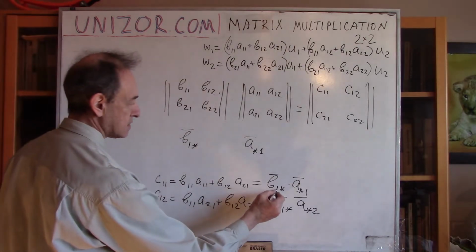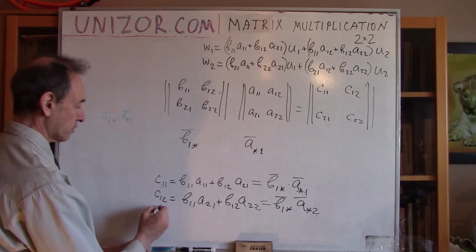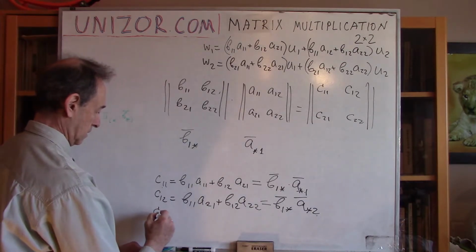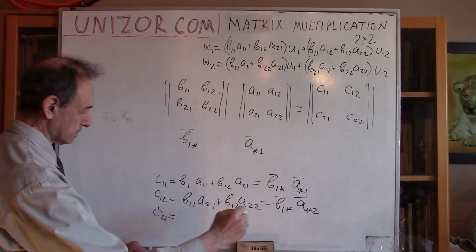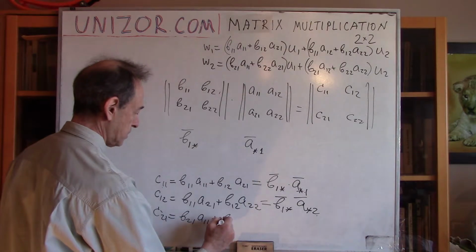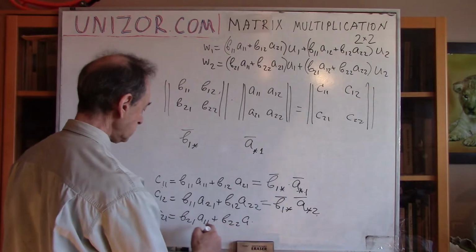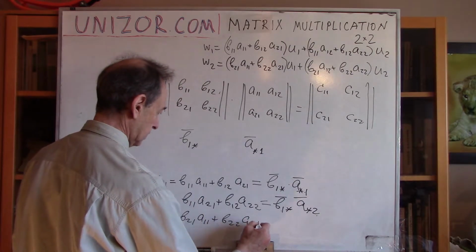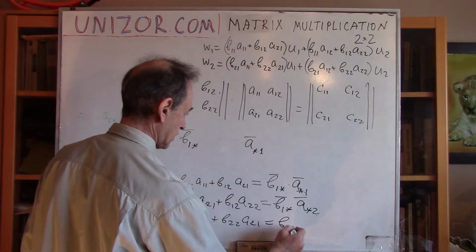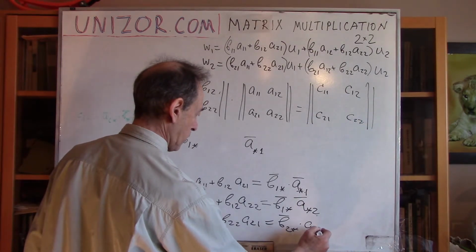So again, you see, these are 1 1 and this is 1 1. This is 1 2. This is 1 2. And the same thing will be for 2 1, which is the second row B21 and the first column A11 plus B22 A21, equals B2 asterisk times A asterisk 1.